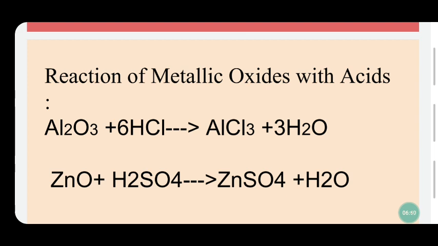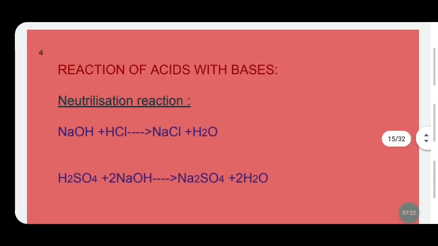So the reaction is acid plus metal oxide, giving metal salt and water as the products. If you select calcium and hydrochloric acid, the metal salt is calcium chloride. Instead of calcium, if you select some other metals, their salts will be produced. So that is the second reaction. Moving to the third reaction.